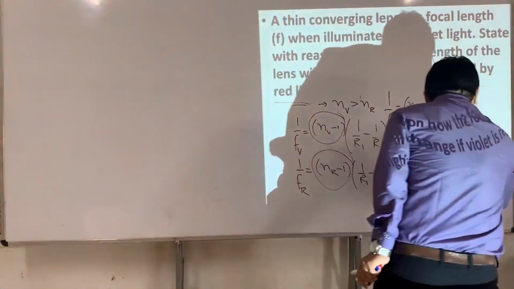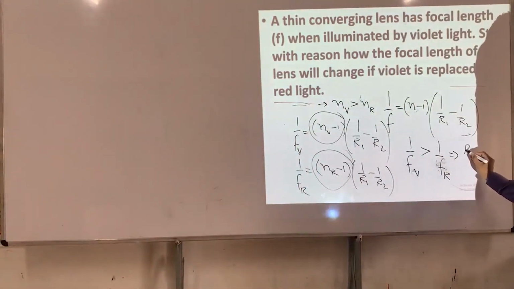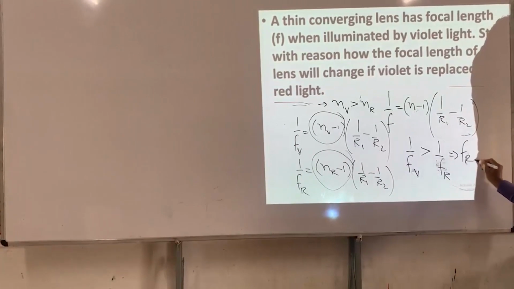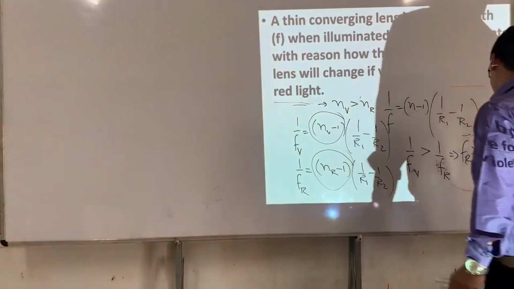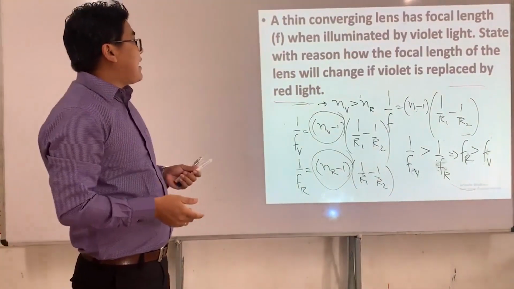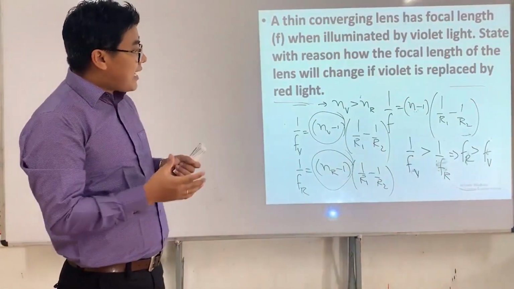So which implies that 1 by FV is more than 1 by FR. Alright. So this is the point, right? So we will say that yes, focal length is going to change.